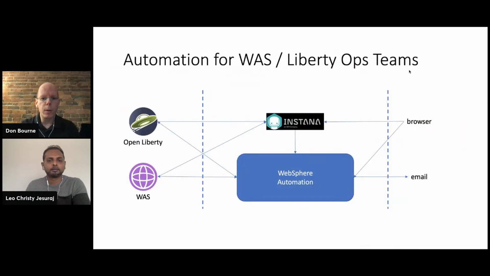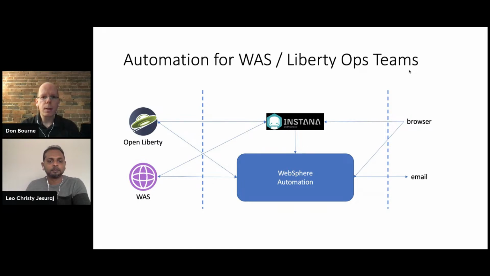I'll show you the schematic here for a second so you see how things fit together. On the left, you've got your Open Liberty or WebSphere Liberty, as well as your WebSphere Application Server instances. That could be one of each or 1,000 of each. In the middle, you've got Instana, monitoring your Liberty and WebSphere servers and their memory usage patterns.